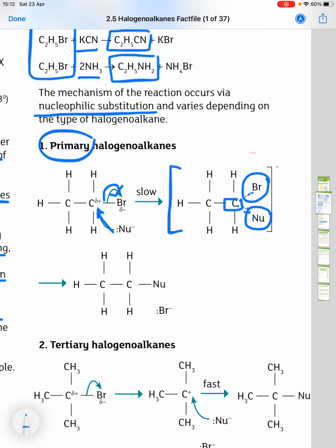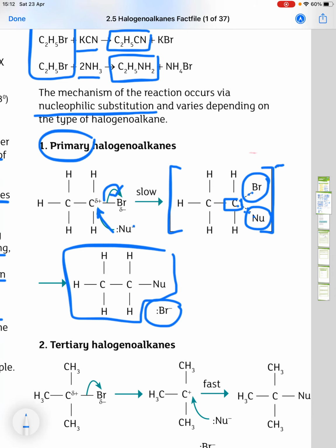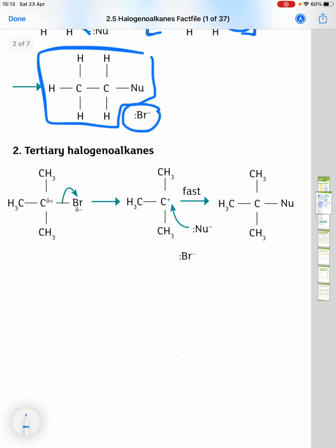So we draw the square brackets around it and the negative charge there to show that this is the intermediate, and the negative charge comes from the nucleophile. And then in the next step, the bond forms to the nucleophile and the bromine ion is released.